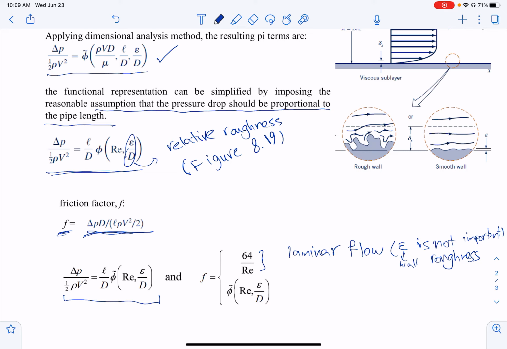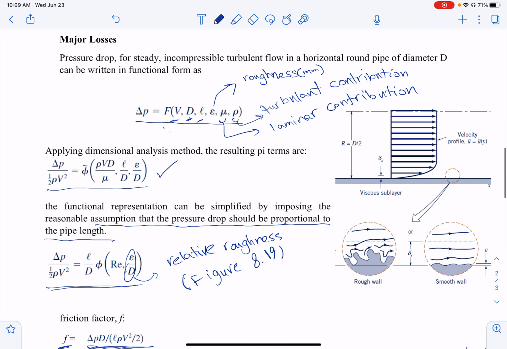So now this is also what we have here. Let me talk about this one. This is the rough wall. If we just look at this part here, this is just a small part. If we zoom in on the layer, that is the wall layer.